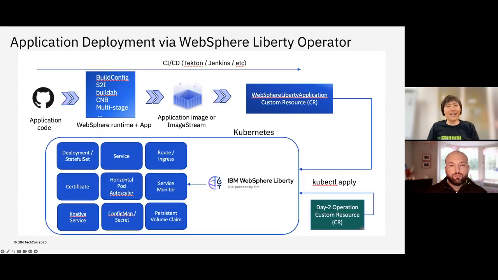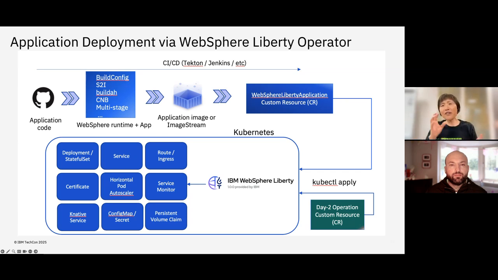This is the end-to-end scenario from the start to the deploy to the cloud. When you first start, you code in your IDE, and then you containerize it. You either use the Docker file or build source-to-image, and you create your application image.